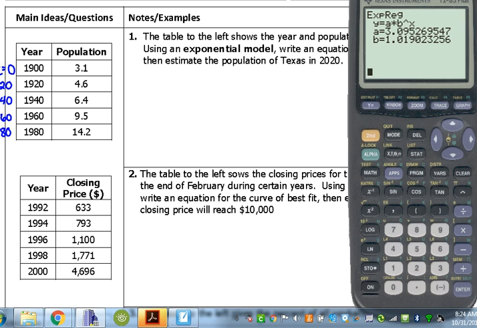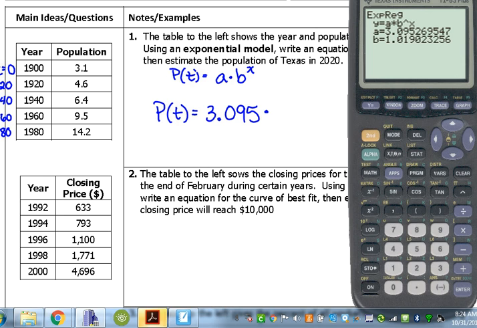So our model is, and we're going to use P of t for population at time t. Now I'm just going to copy down what the calculator says first. It says a times b to the x. That's the general model, so let's plug in the specifics. A is 3.095.